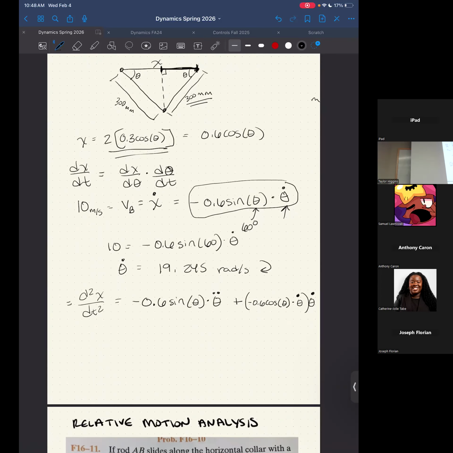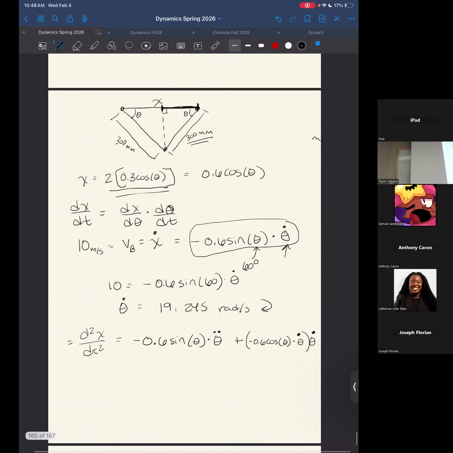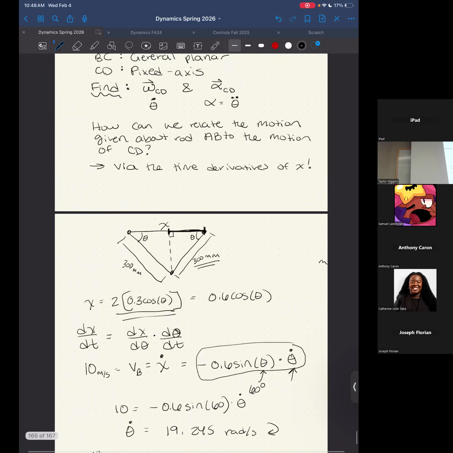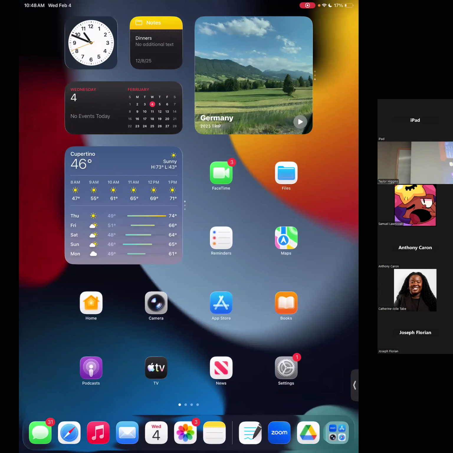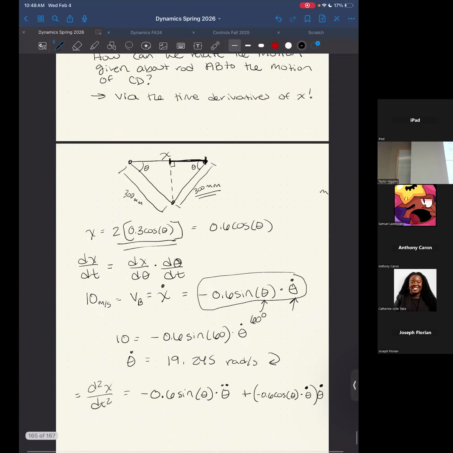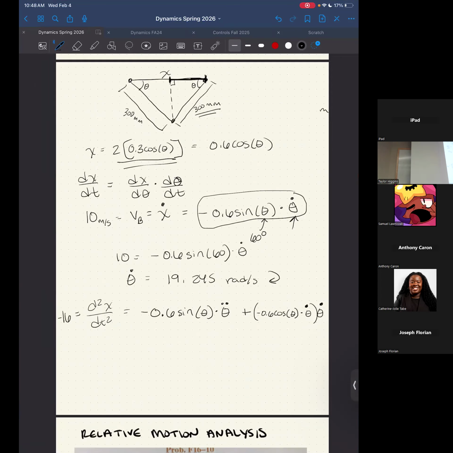Okay, this is the acceleration of point A, or the acceleration of point B, or the acceleration of the rod AB, which is minus 16 meters per second squared. Theta is still 60 degrees. Theta dot we found in the previous part of the problem. The only unknown left is theta double dot, which is the same as alpha, CD.